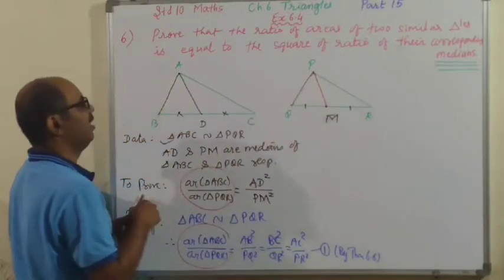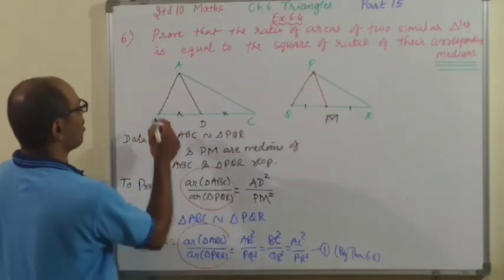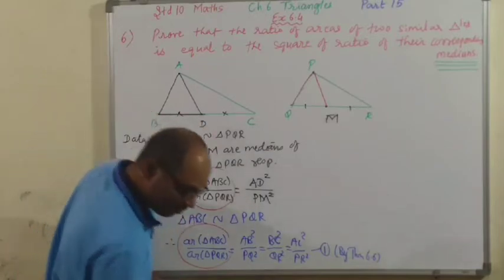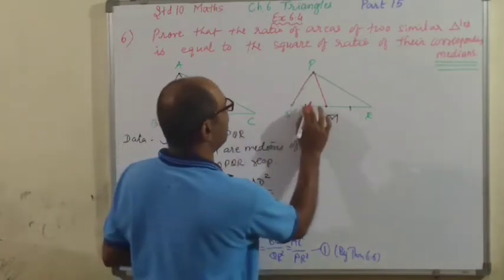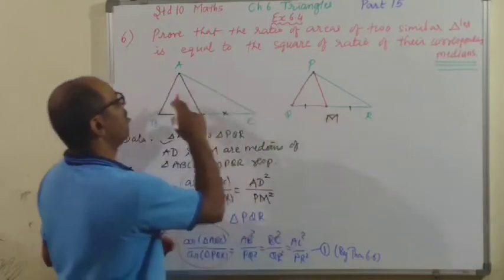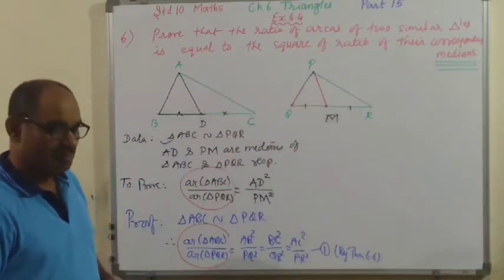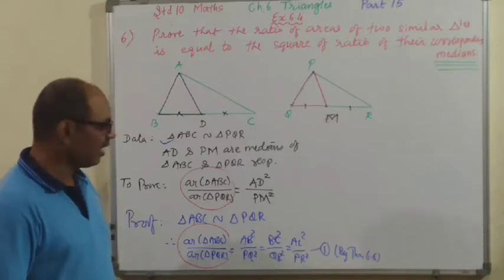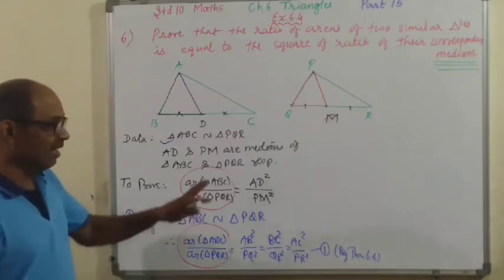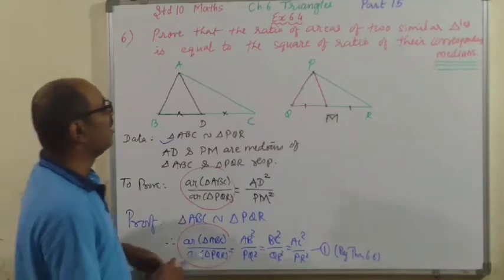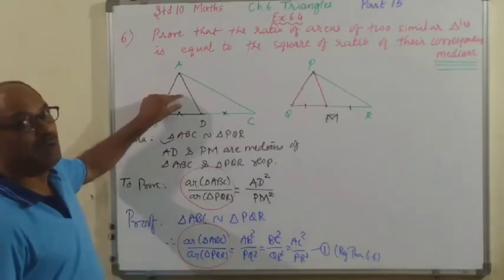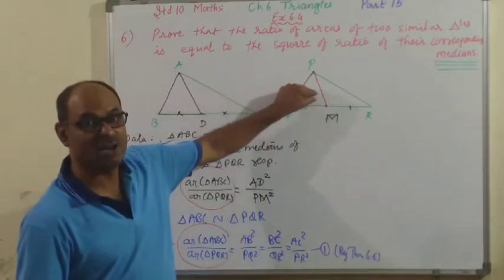उसको इन्वॉल्व करके. So you got this triangle ABD and this triangle PQM. You have already proved these two triangles are similar. कैसे? By SAS. याद करो. Once again, now I'll have to take this. Children, I'll have to prove black triangle is similar to red triangle.